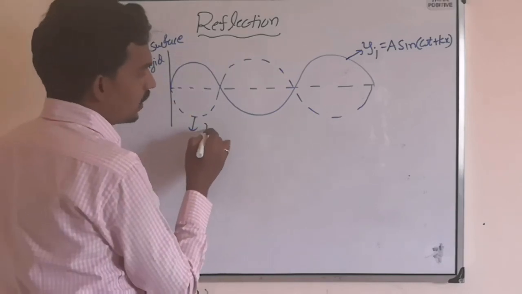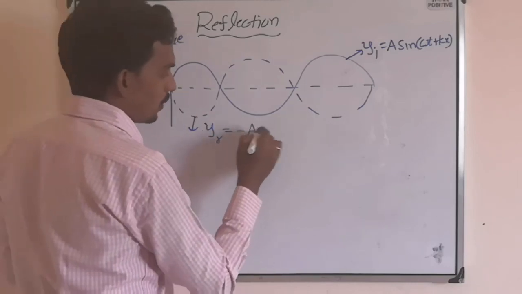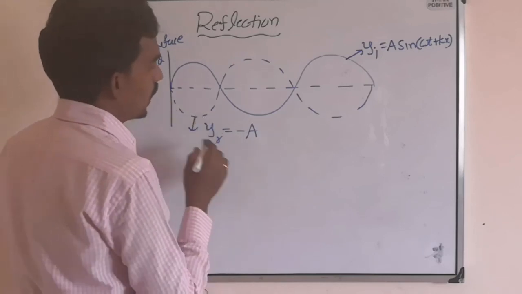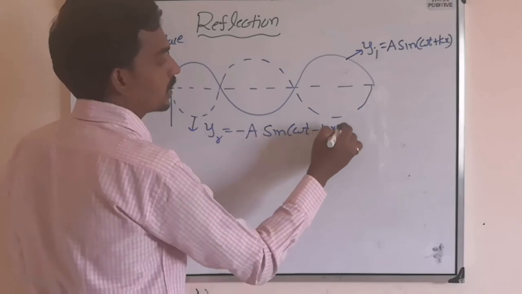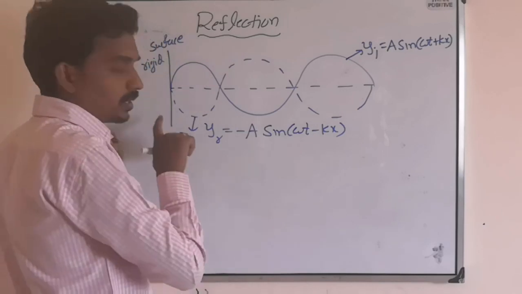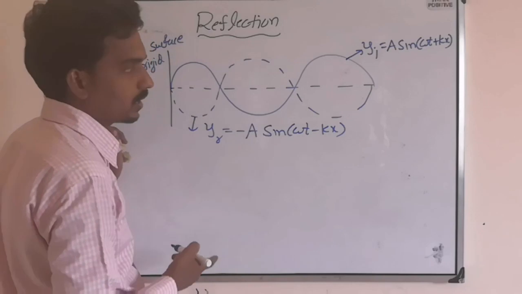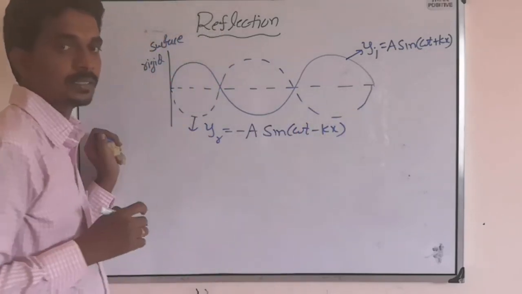Now this is the y reflected. This we will write as minus A sin(omega t minus kx), because the amplitude became negative, and the negative x direction changed to positive x direction. That's why plus kx will become minus kx.